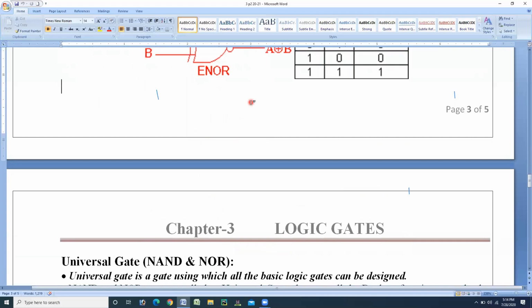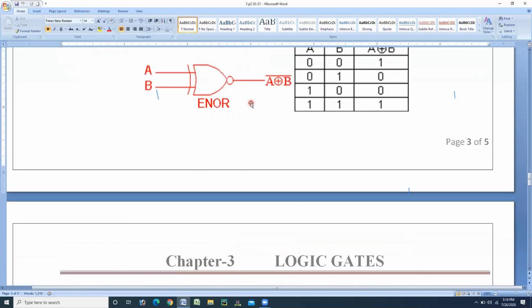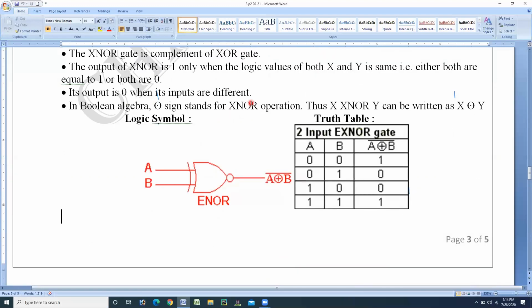So it means up to here we have completed the basic logic. First we completed, in the previous class and this class, what a gate is. Then there are two different types of gates: one is basic logic gates and second one is derived gates. Under the basic logic gates we have completed AND, NOT and OR gates.